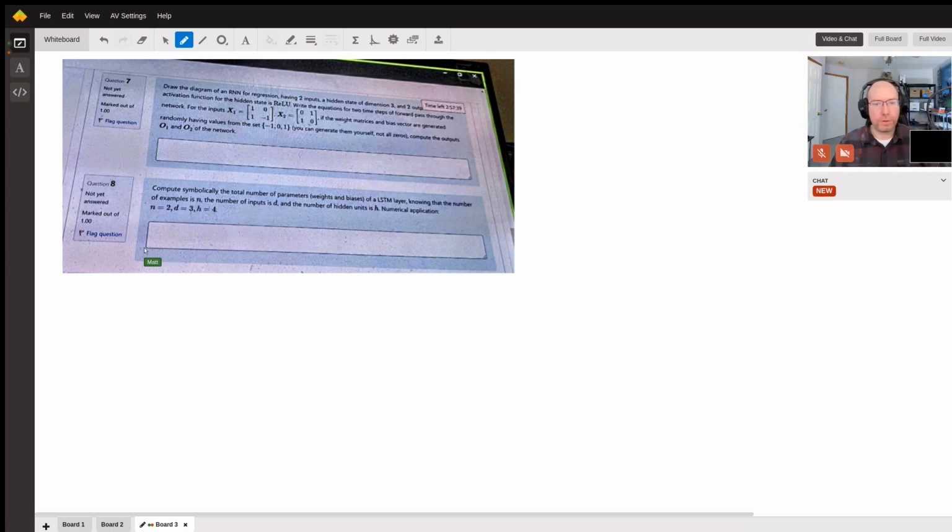Okay, so number of examples is n, number of inputs is d, and the number of hidden units. So that's helpful. Number of inputs is d.